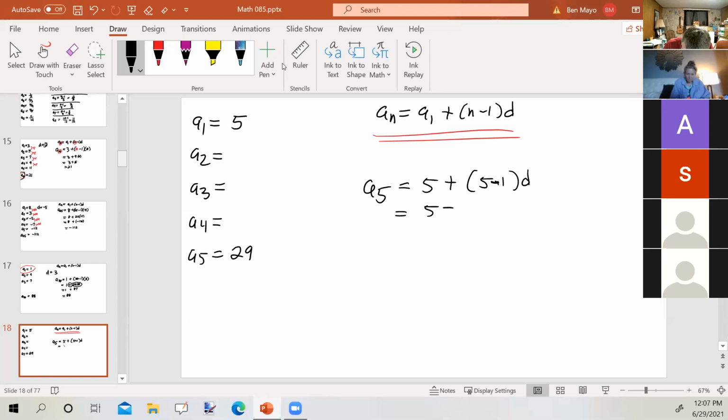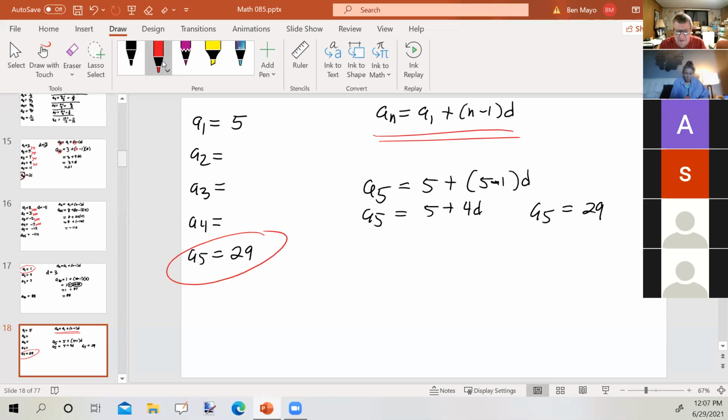Which would be 5 plus 4d. My handwriting is atrocious. Does everybody see where I got that a sub 5 equals 5 plus 4d? But doesn't a sub 5 also equal 29?